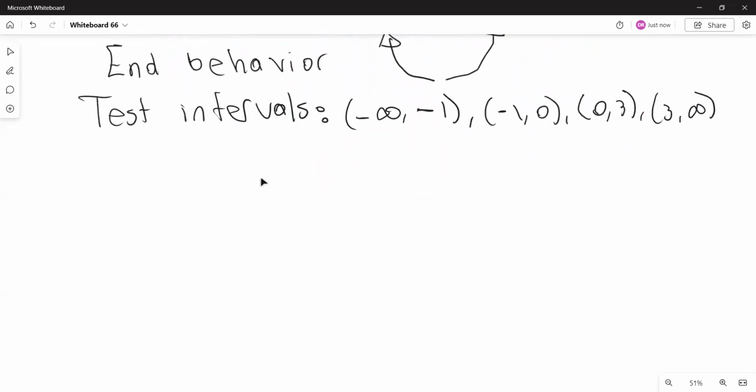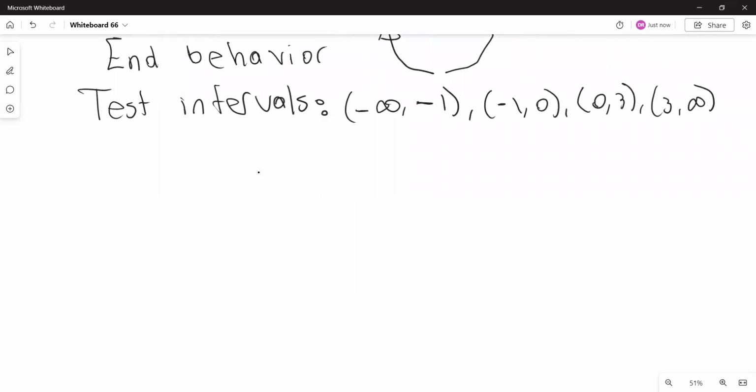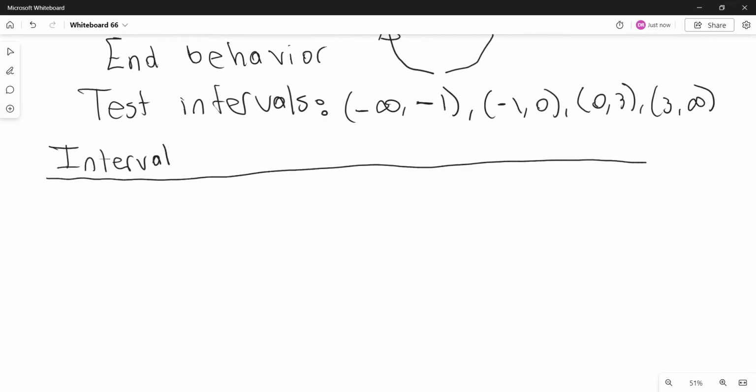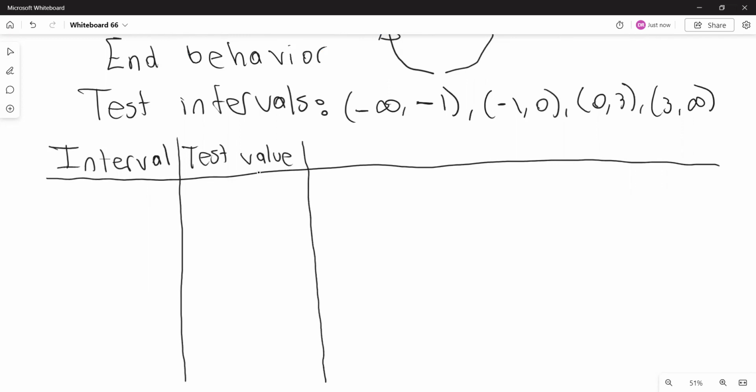We're going to make a table to determine whether the graph is above or below the axis. So we're going to make a table with the interval, a test value inside that interval, the sign of the function at that test value, and whether the graph is above or below the x-axis.